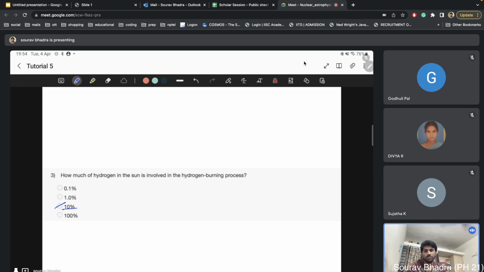It is a theoretical question because we cannot calculate it from our known expression. We can get some rough idea, which I will tell you, but not exactly. Just roughly I will tell you why we consider it as 10%.